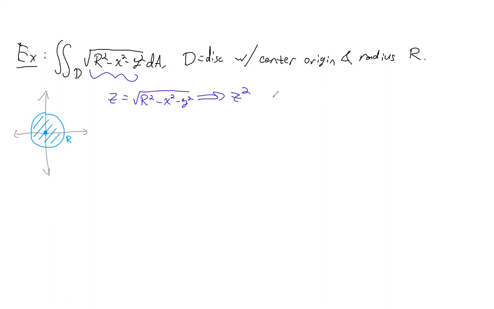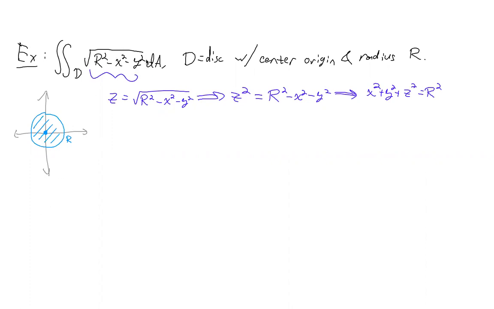If we decide to square it, what does that give us? That's going to give us x squared plus y squared plus z squared equals r squared. And so now we can conclude that's just the top half of this sphere.